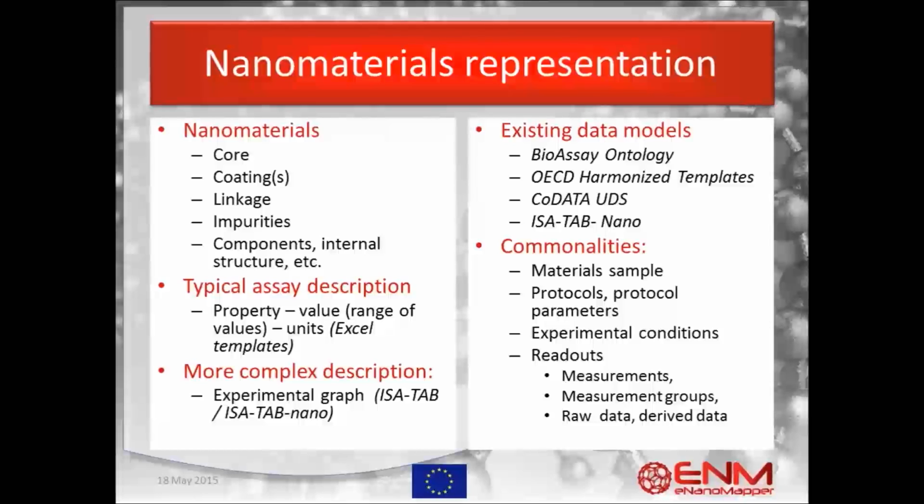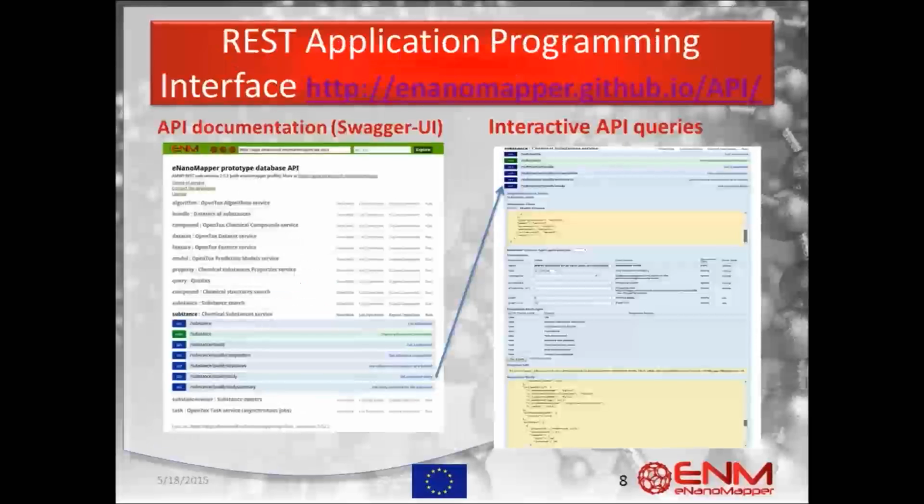Okay, so you probably have heard about the eNanoMapper prototype database through the various dissemination activity of the project. You could access it at data.eNanoMapper.net. And it's a web application with some user interface, but the user interface is actually using the application programming interface I will be talking about.